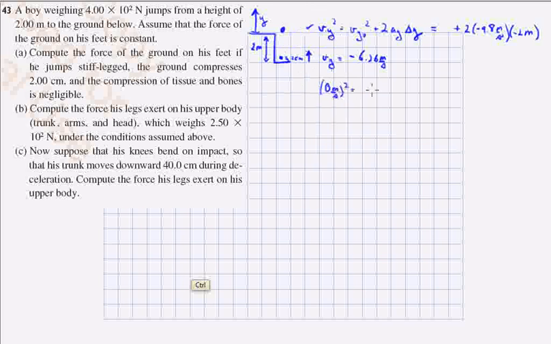His initial velocity is minus 6.26 meters per second, squared, plus 2 a sub y times minus 0.02 meters. This is the 2 centimeters. Okay, so notice a couple things here.